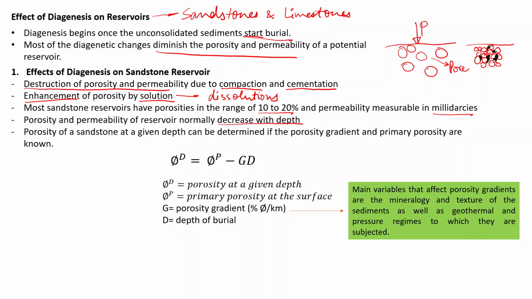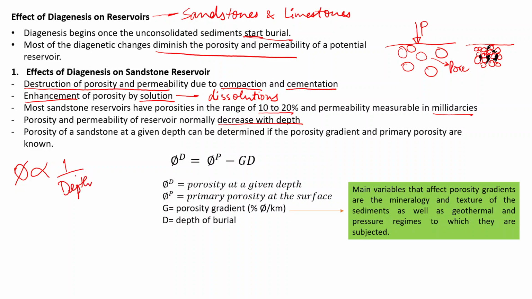The same thing over here, that as the depth increases, meaning the overburden pressure increases, the sediments become more and more compact, and they get more and more cemented. So the precipitation of the cement may lead to the reduction of the porosity and permeability. So with depth, the porosity and permeability reduce. So you can normally say that the porosity is inversely proportional to the depth of burial.